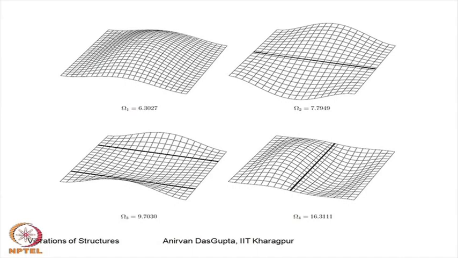In this figure I have plotted the first 4 modes of the plate. You can see these edges are the clamped edges, the straight edges. The displacement and slope are 0 because the geometric boundary conditions have been satisfied. Here this is a stiffened edge.